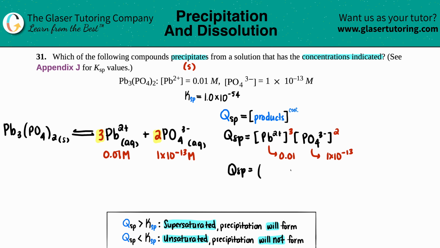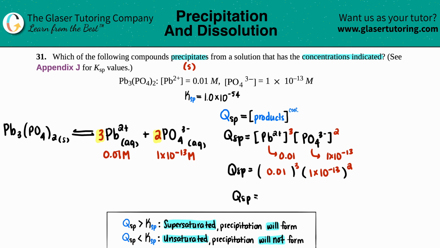Qsp equals 0.01, and that's cubed, times 1 times 10 to the negative 13th, and that's squared. I'm going to plug this all into the calculator at once. You could do it in different steps, but let's just see if your answer matches mine.